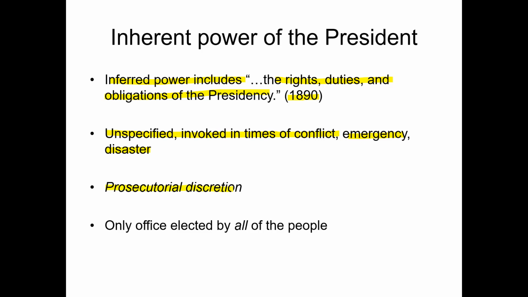Another one is what is called prosecutorial discretion. In the process of executing the laws, they may decide to use more discretion on this particular law than they would on some other law. That was one of the things that was taken into account for the Dreamers Act when, under President Obama, they decided not to prosecute children of illegal immigrants, which would then allow them to go to college.